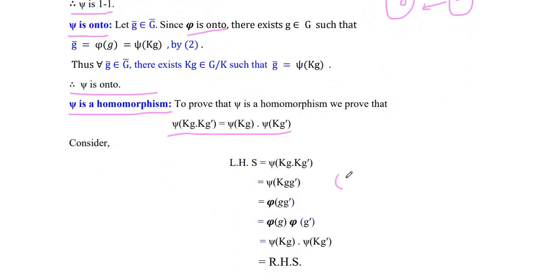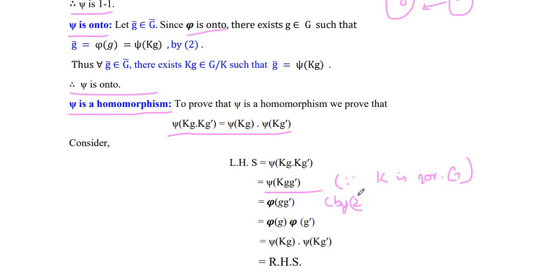So LHS is nothing but this. Because K is the kernel, it is normal in G. So K is normal in G. That lets us consider Kg dot Kg prime as Kgg prime. And this, by the definition of psi, by 2, how our psi is defined.